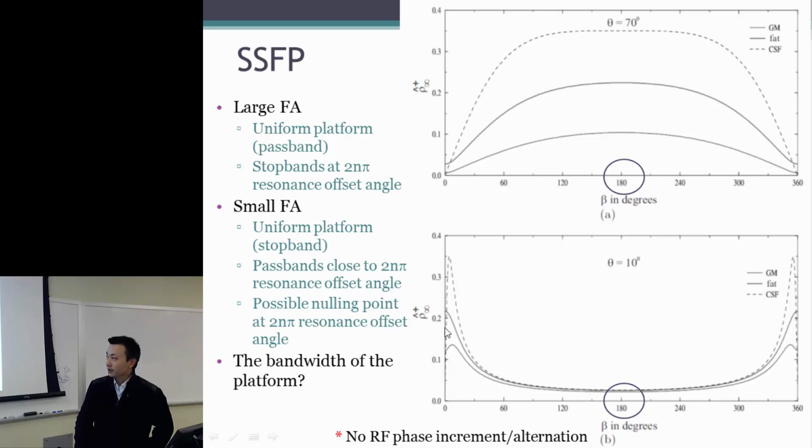This passband also appears periodically at every 2nπ resonance offset angle. Another interesting point to note is that there may be a possible nulling point at this 2nπ resonance offset angle.